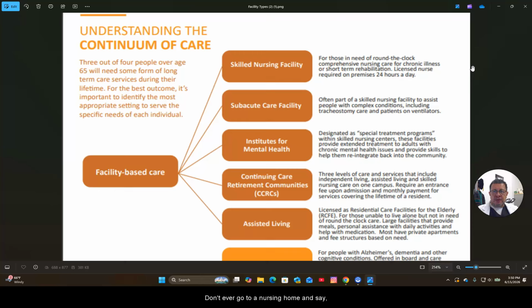Don't ever go to a nursing home and say, well, Title 22 says that you have to have an RDHAP. No, they don't, because RDHAPs are not federally mandated professionals. They are from the state of California only. So we don't have a law that says that.